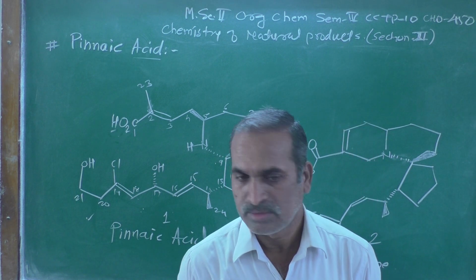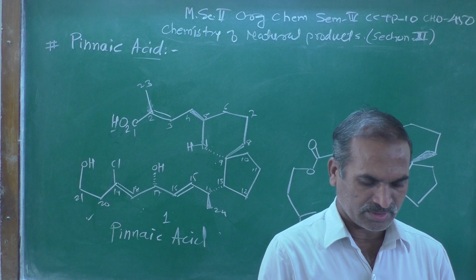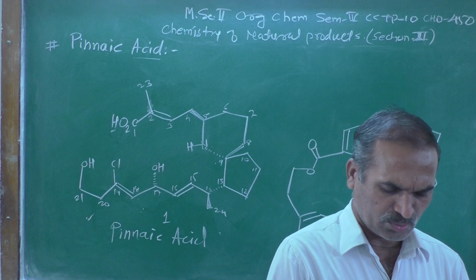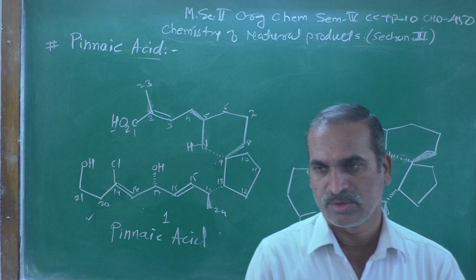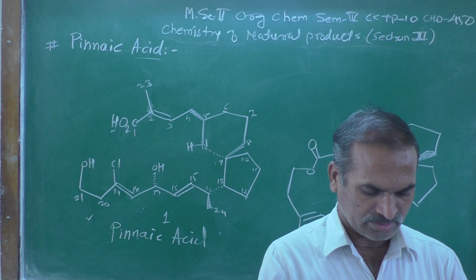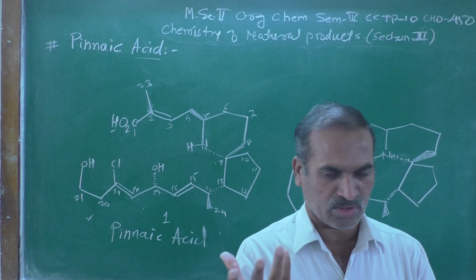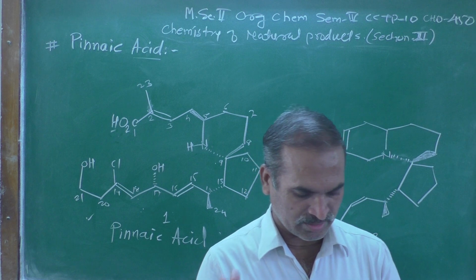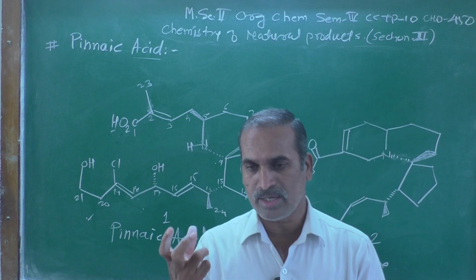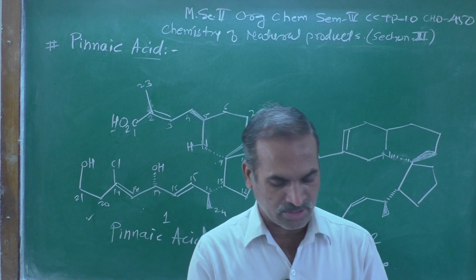These are the names of the organisms. Pinnaic acid inhibits cPLA2 in vitro, meaning the reactions are carried out in the laboratory in glass, maybe in a round bottom flask or whatever container, conical flask or beaker, which is made of glass, and that type of terminology is generally called in vitro.